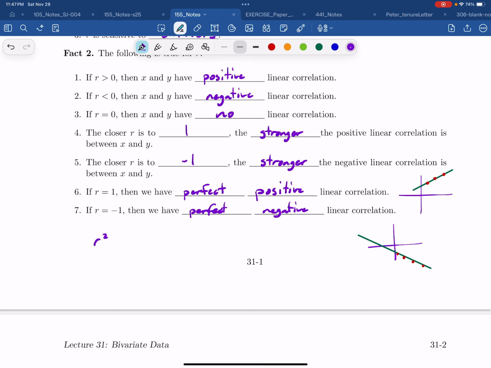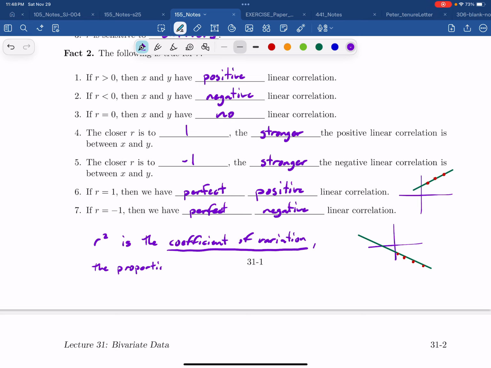The one other thing I want to include, speaking of increase and decrease, is that r squared is the coefficient of determination, which is the proportion of change in y that is explained by change in x. Note that I did not say caused.